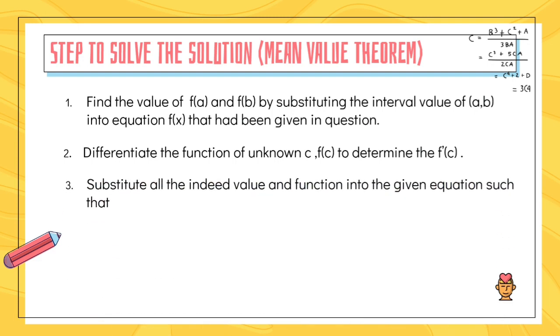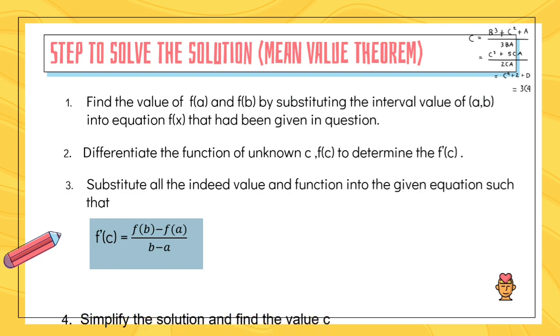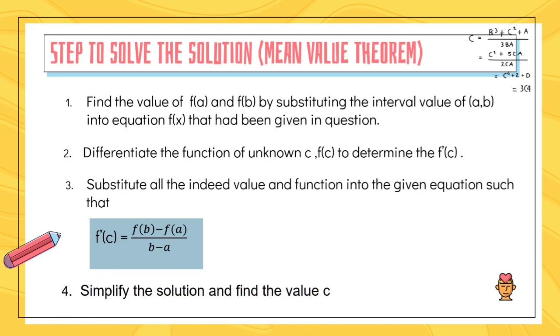Third step, substitute all the values and functions into the given equation such that f prime c equals f(b) minus f(a) over b minus a. Lastly, simplify the solution and find the value of c.